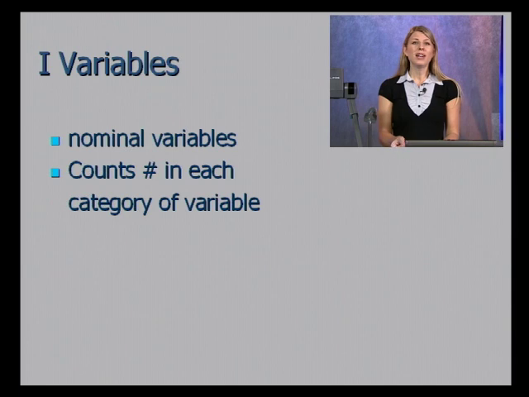In chi-square tests, the numbers we're using are just counts of each individual that falls into each of those categories. So we're doing test statistics with the counts that fall into some different category. So we could count how many males and females, and our one variable there would be sex with two levels, male and female.